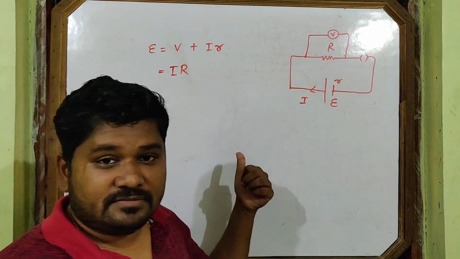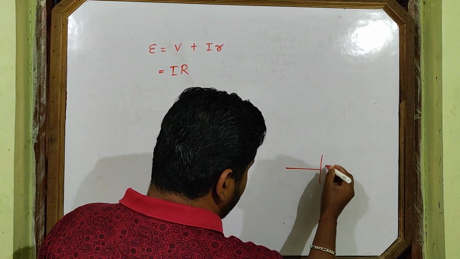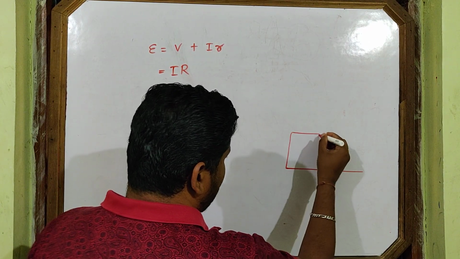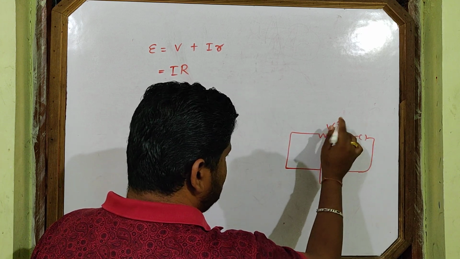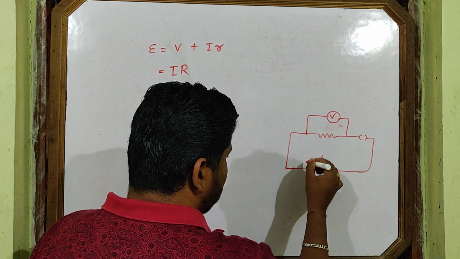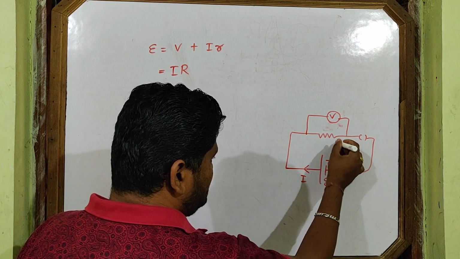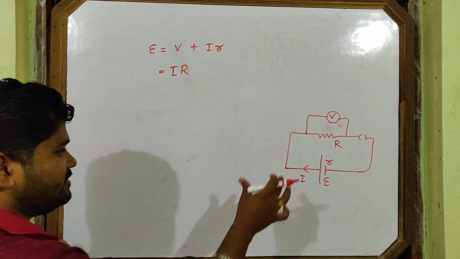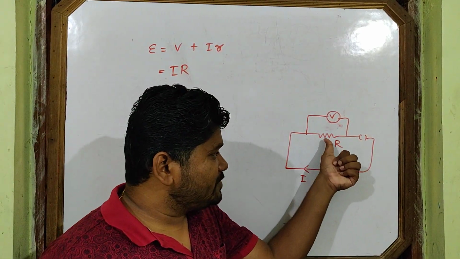V equal to IR. Again I am drawing this figure. This is the resistor, this is the key, here the voltmeter is connected, the potential difference is V, current I comes from the positive terminal, EMF E, internal resistance small r, external resistance R. Okay, this is the figure. So V is equal to IR. Ohm's law we can use for a single resistor.